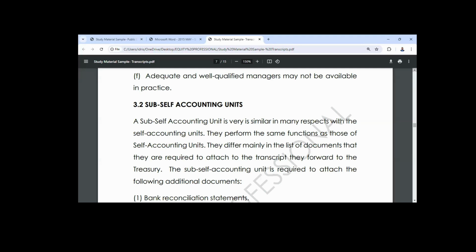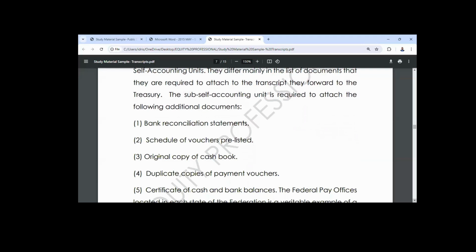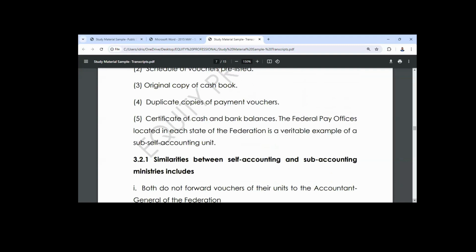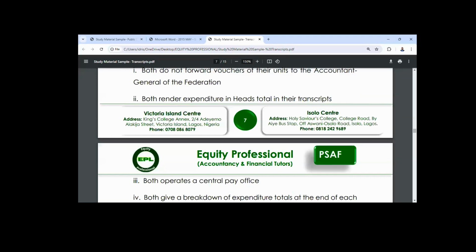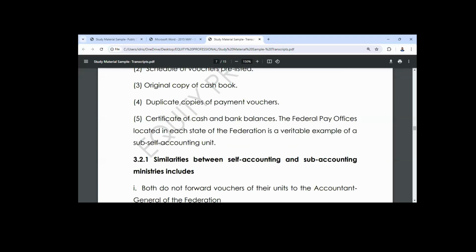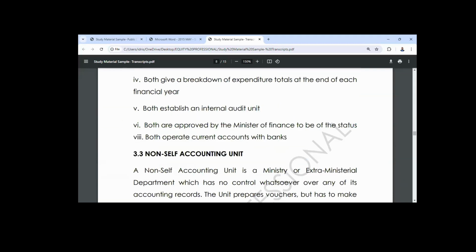But while submitting the transcript to the Accountant General, they have to attach the following documents: bank reconciliation statement, schedule of voucher pre-listed, original copy of cash book, duplicate copy of payment voucher, certificate of cash and bank balances. So that is sub-self accounting units.